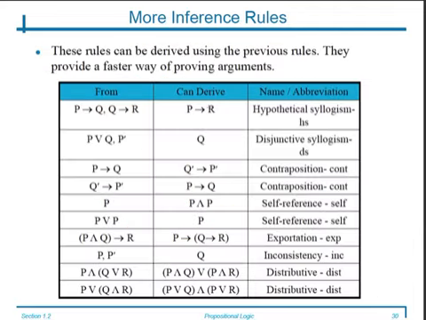So here are the inference rules, and these inference rules are for the propositional calculus, so without variables. But they also work for the predicate logic, pretty much in the same way.